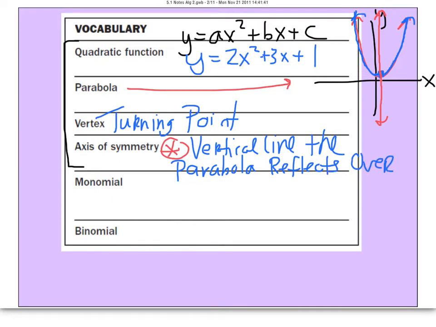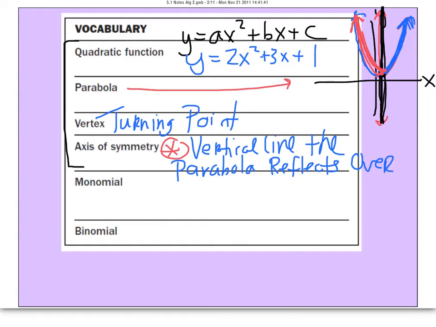So again, we have this axis of symmetry, which is going through the vertex. And what we see is if we look at the right-hand side of this parabola, its mirror image, if you flip it over this black line, would be the left-hand side of the parabola. And that's why we call that black line the axis of symmetry. It's where the graph would flip and have its image.